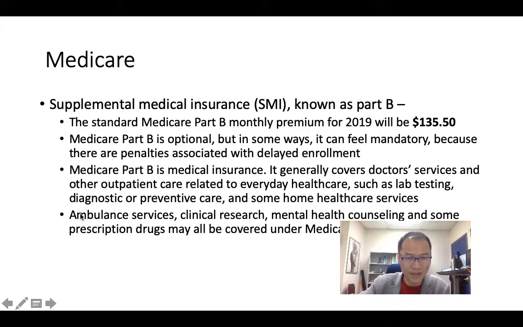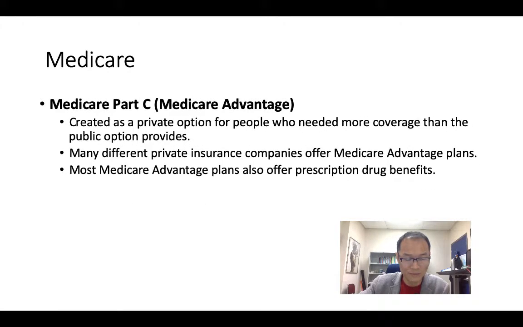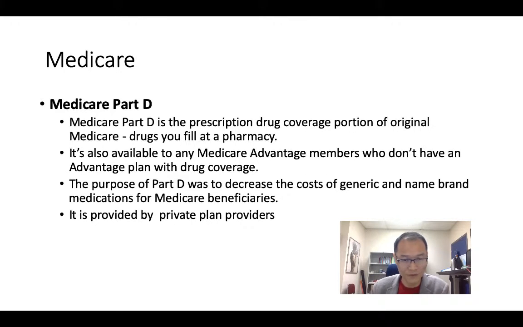I think Part A, B, they also have prescription drug coverage, but they cover different drugs, like the drugs you get while you're hospitalized are covered by Part A, actually. But Part D is the coverage for you to fill your meds at a pharmacy, which is most common, right? Part D is also provided by private plan providers.